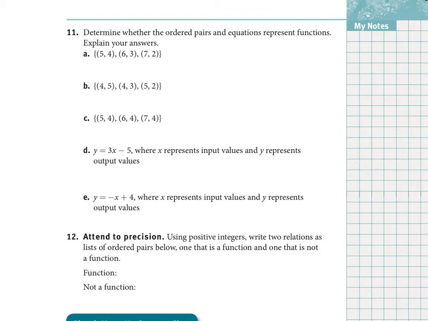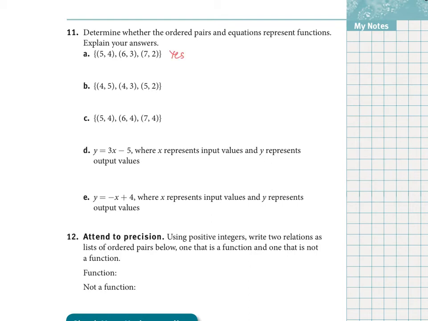Looking at A, I want to make sure that every x value only has one y value. Looking at this problem, 5 only has 4 as an output. 6 only has 3 as an output. And 7 only has 2 as an output. We can see every x has its own unique y. Every input is matched with exactly one output.